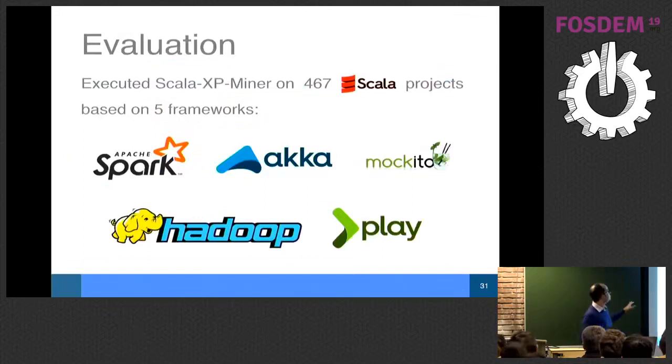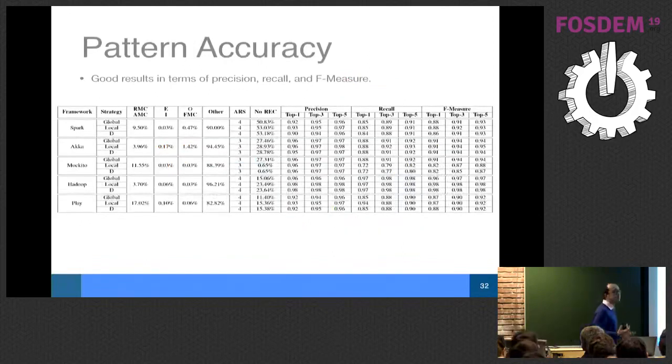But what is important is that also in this case we tried to evaluate our approach, mining several projects from Scala. We mined 5 different frameworks: Spark, Akka, Mockito, Hadoop, and Play. And actually, we saw something pretty interesting. First of all, we saw that mining this kind of patterns is not very hard, but also the accuracy of these patterns is very high.